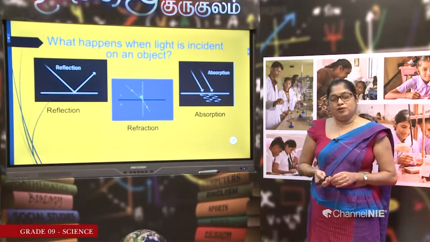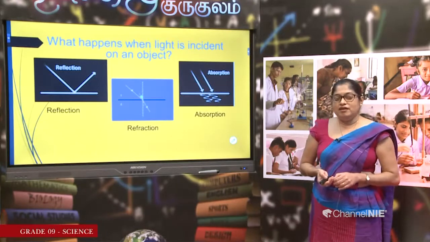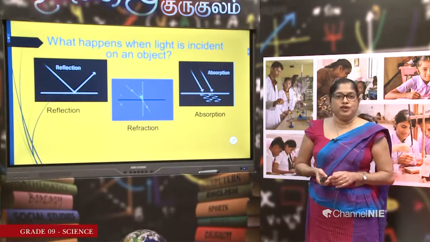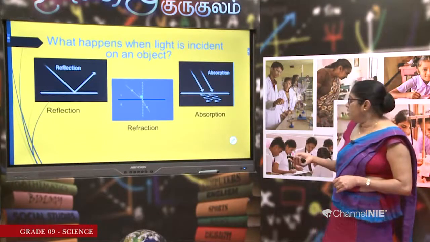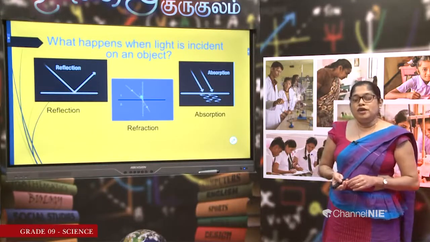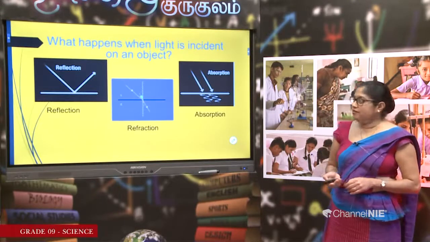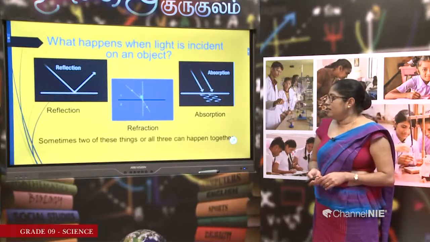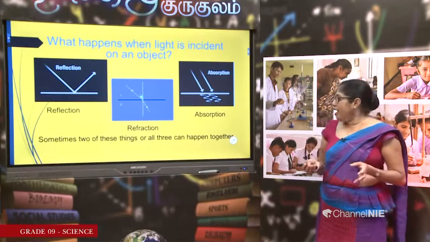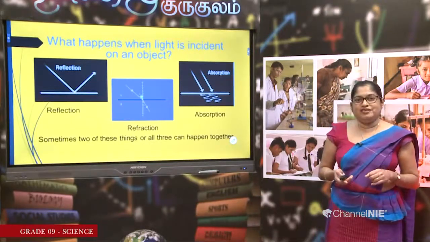Not only glass, air and water also transmit light through them. Black objects are good absorbers of light. Sometimes two of these or all three can happen together in one object.